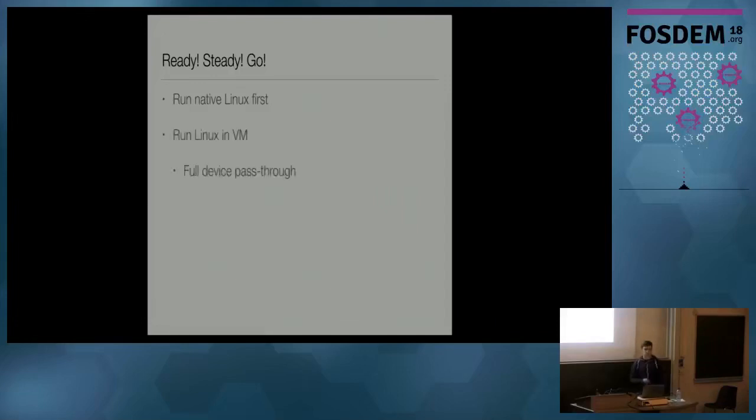But once this had been sorted out, the next natural step was to run one Linux instance in a virtual machine and pass through all of the devices, so that at least you know you can run it in a virtual machine in practice. This also worked quite well. Then the idea was to run one master and one slave VM, and that's where the fun actually started.